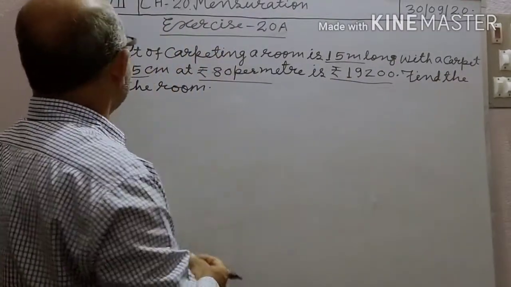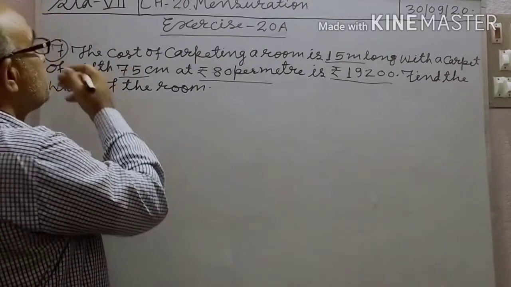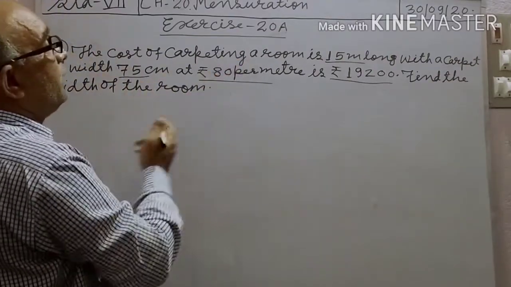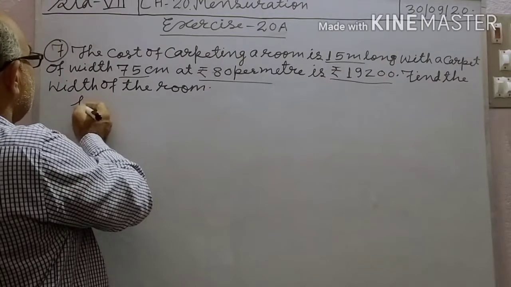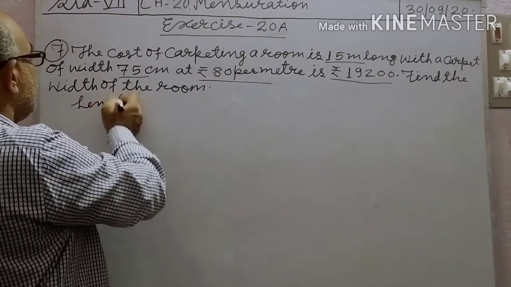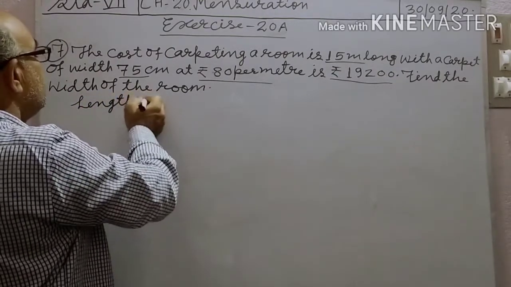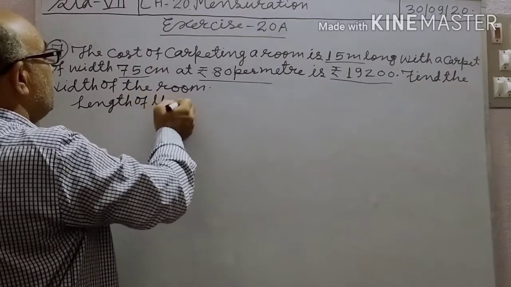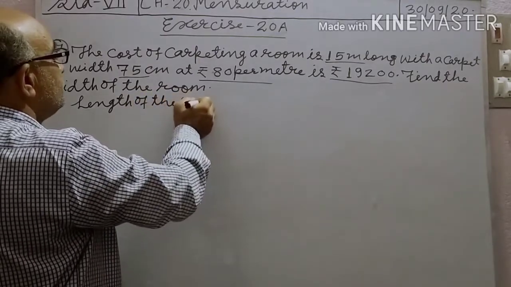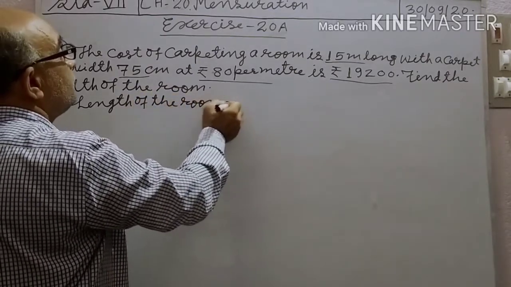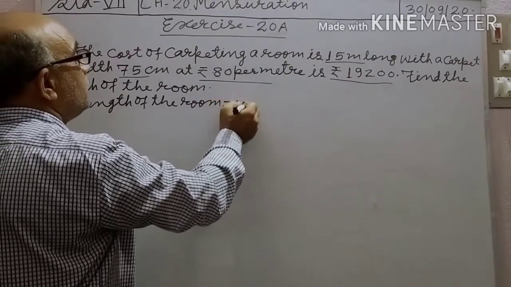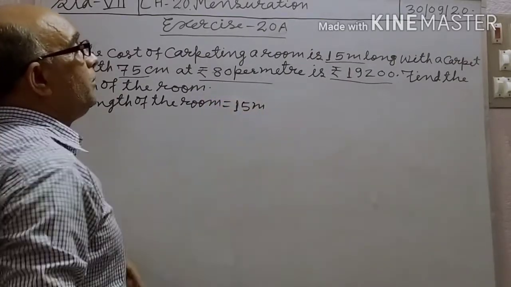Find the width of the room. So length of the room is given here, equal to 15 meter.